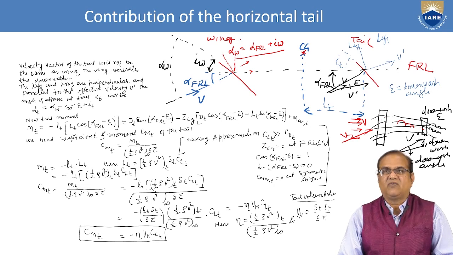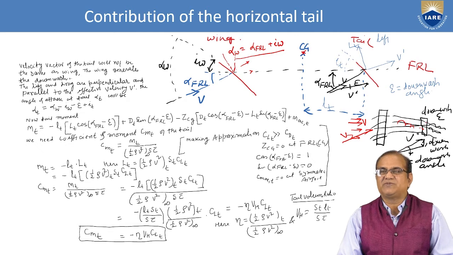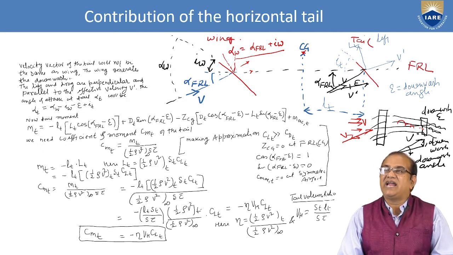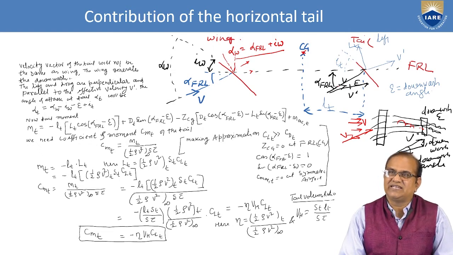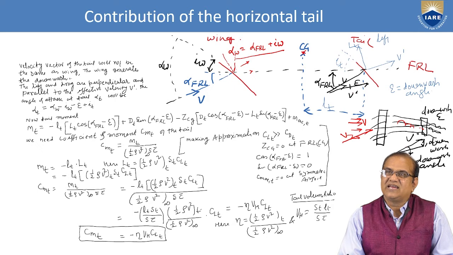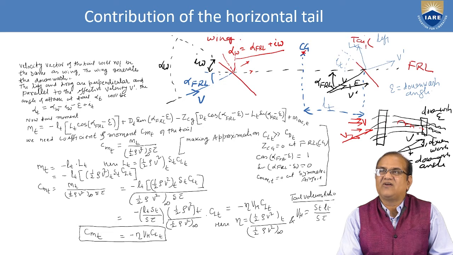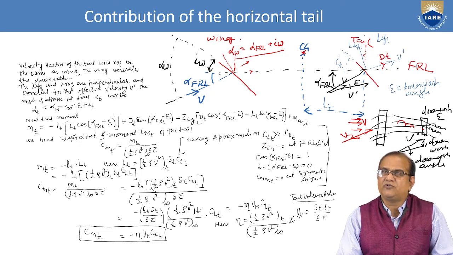These vortices which are formed on the wing will move on to the horizontal tail, and the horizontal tail will experience a different velocity and a different angle of attack. It is shown here that the angle epsilon between V and V prime is the same, and here also there will be a drag DT, and here you have LT. So we have to take this vertical and this horizontal.